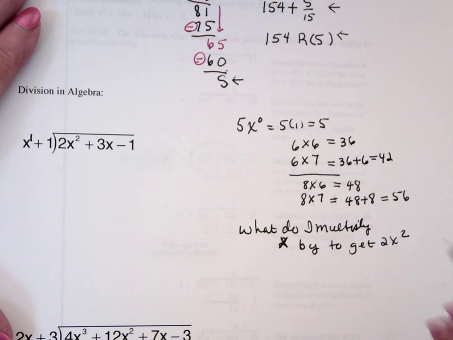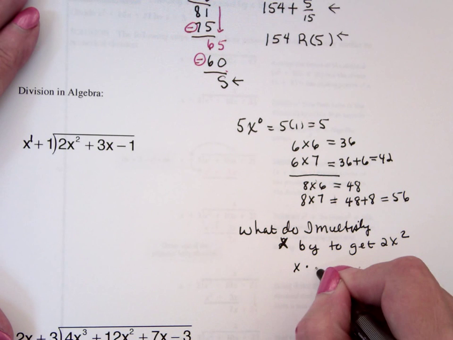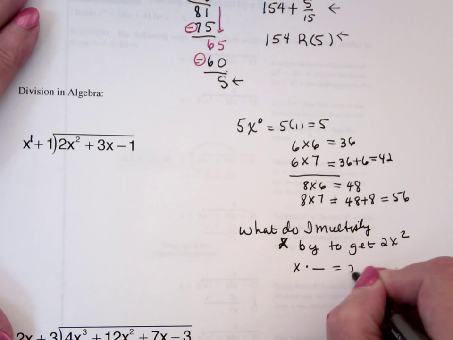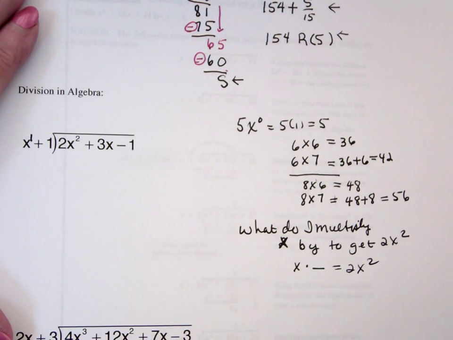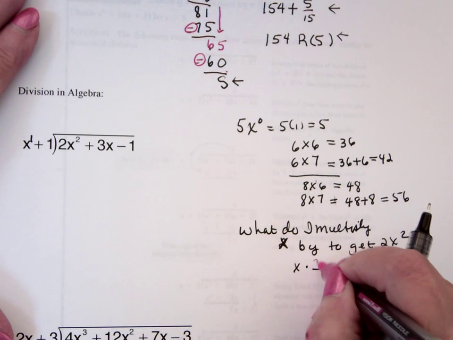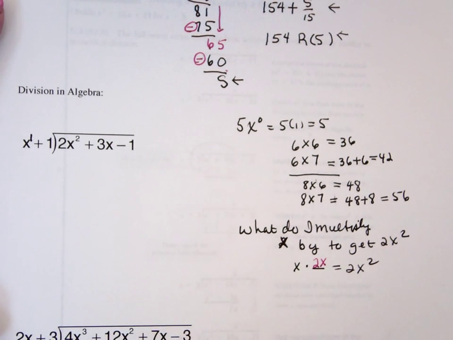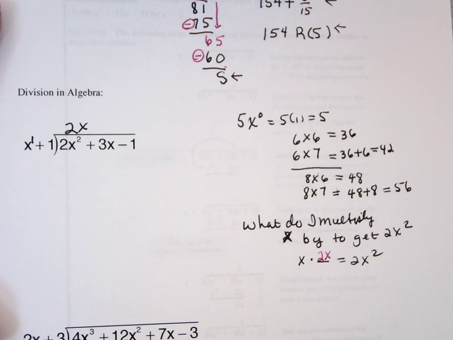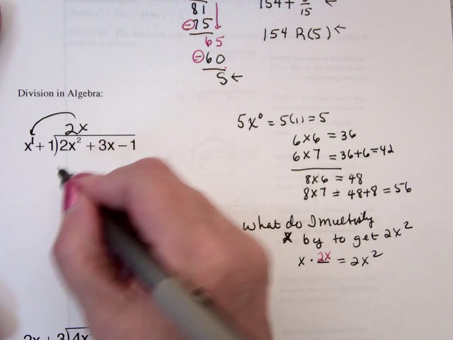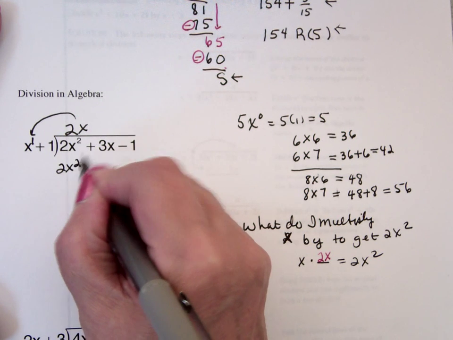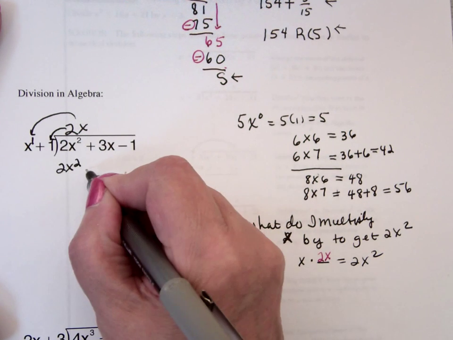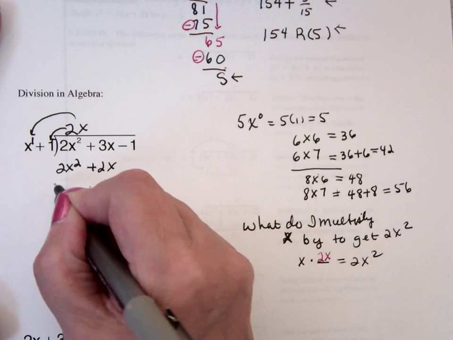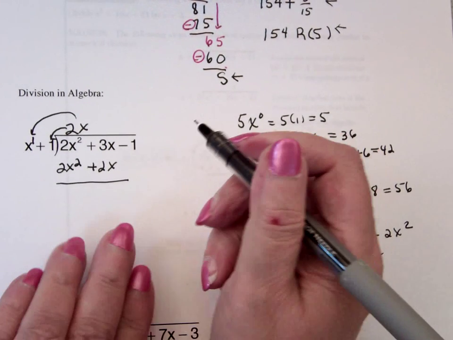Well, x times something equals 2x squared, and you would say it would be what? 2x. Two x times x is 2x squared. 2x times plus 1 is plus 2x. What's the next step in doing any division?